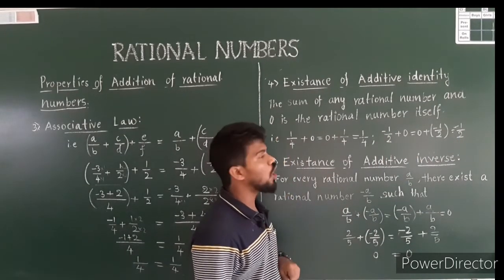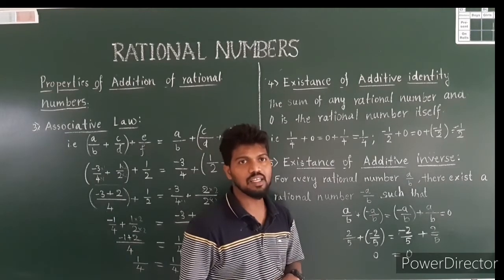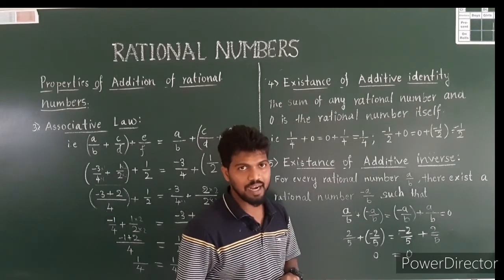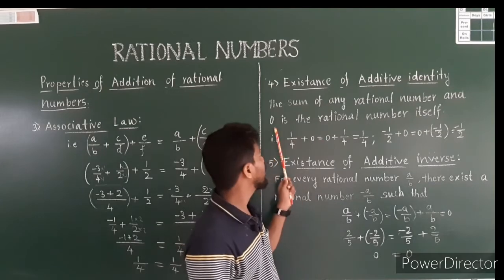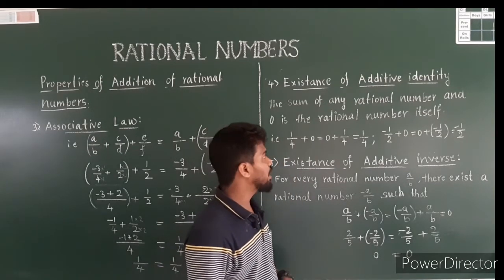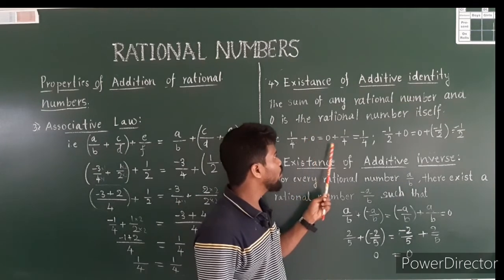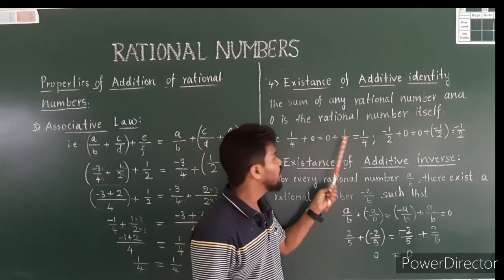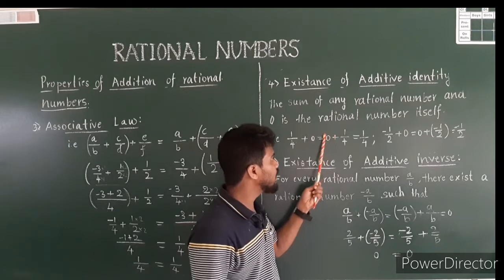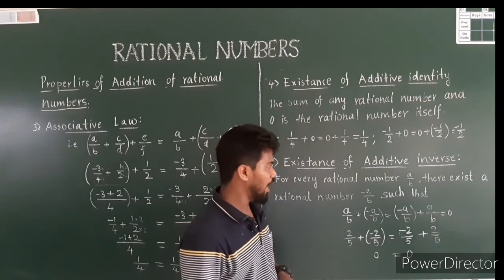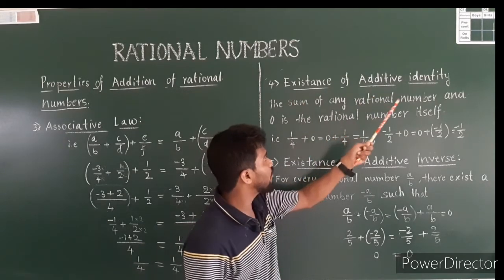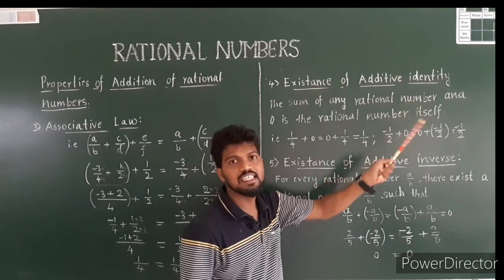Therefore 0 is called the additive identity. Remember, it is very important. Since any number added to 0 gives the number itself, therefore you call 0 the additive identity. Therefore the existence of additive identity, that is 0.